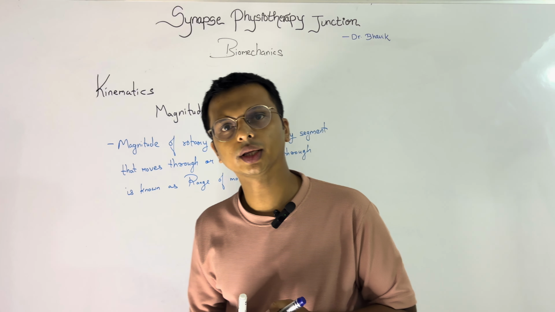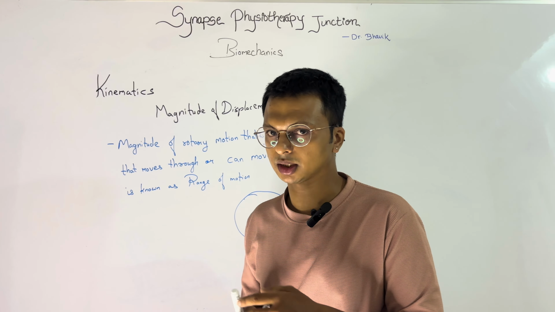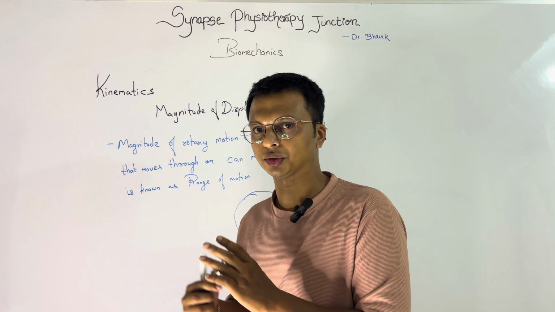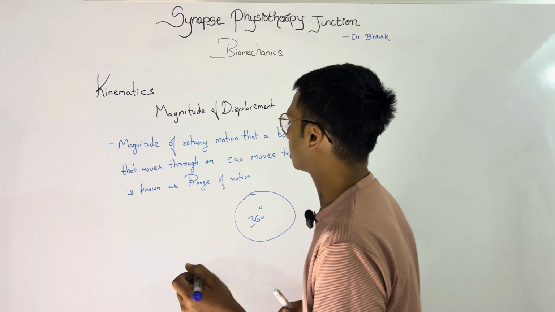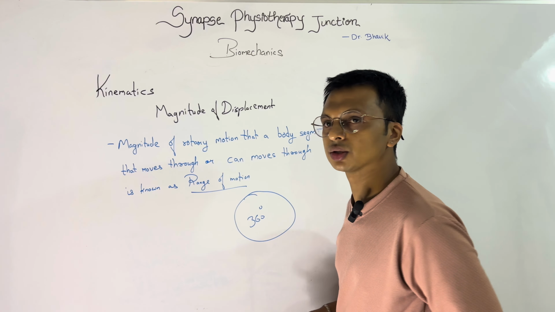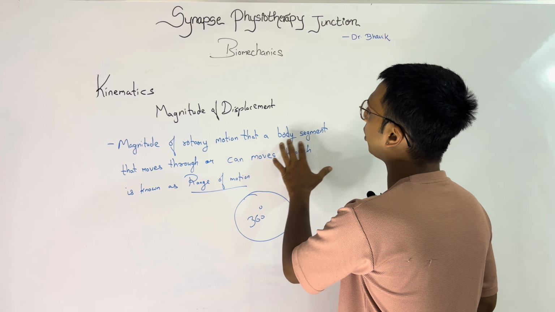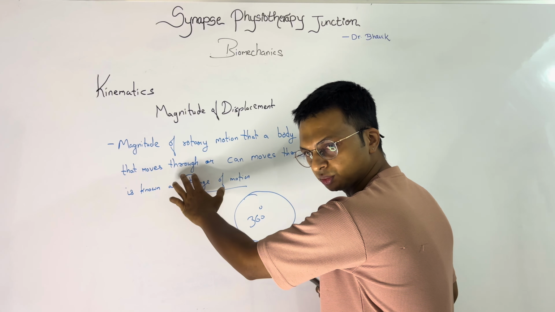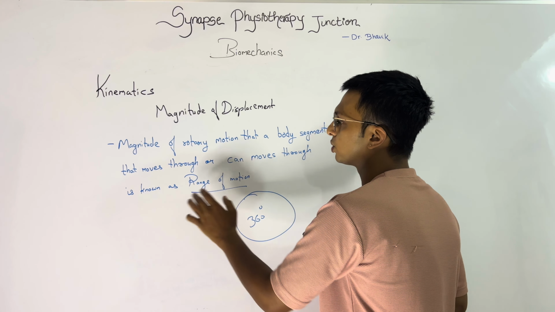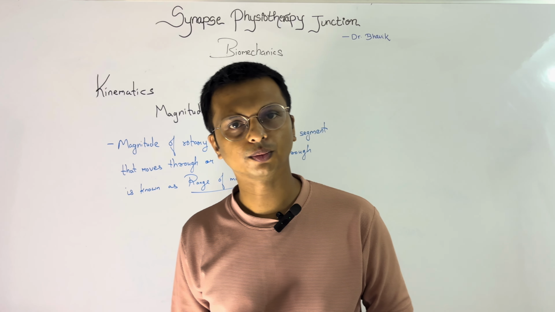But in the human body, limited movement is allowed according to the joint or the segment, which is measured through the range of motion. So how do you define that? Magnitude of rotary motion that a body segment moves through or can move through is known as range of motion.